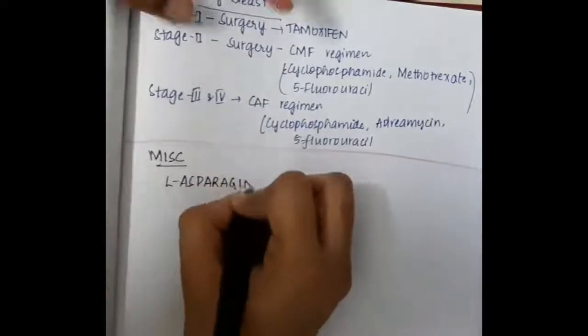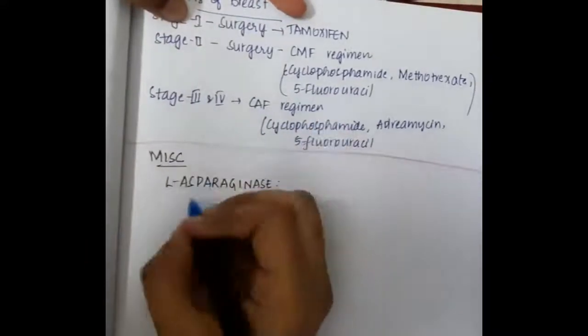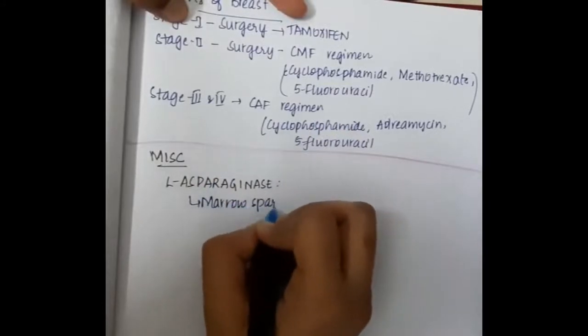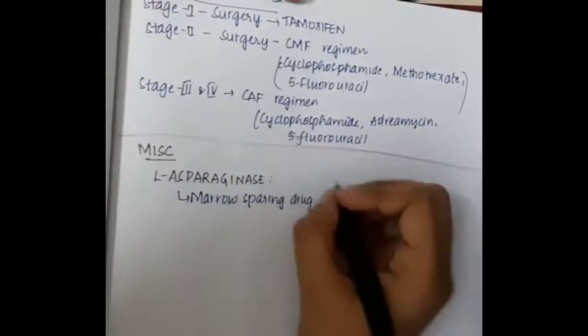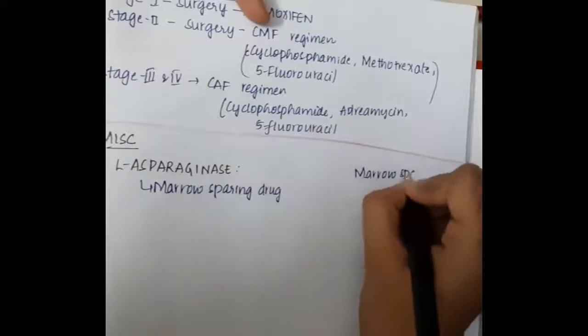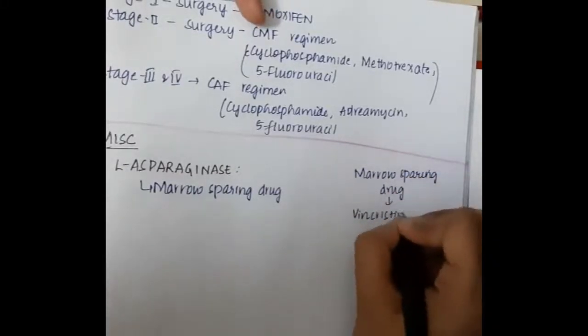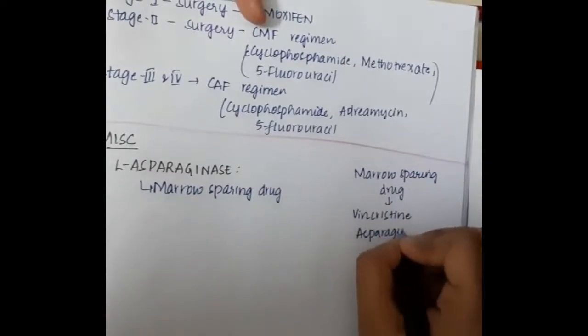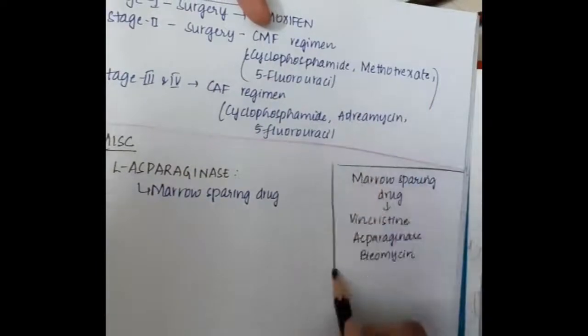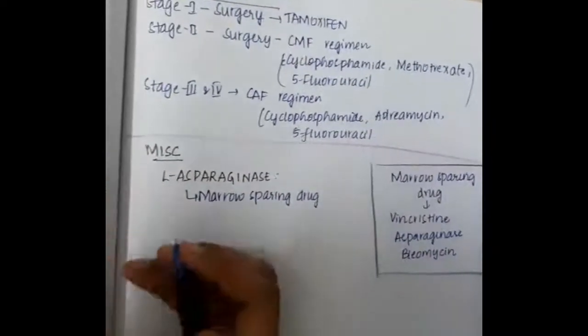Then the miscellaneous drugs include asparaginase. What are the marrow sparing drugs? Vincristine, asparaginase and bleomycin are the marrow sparing drugs.